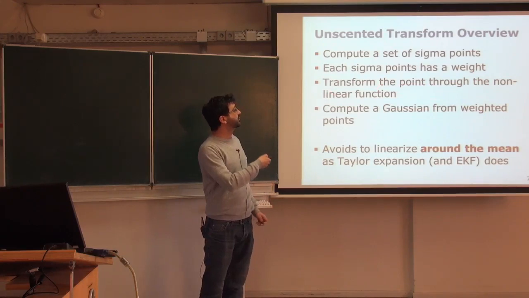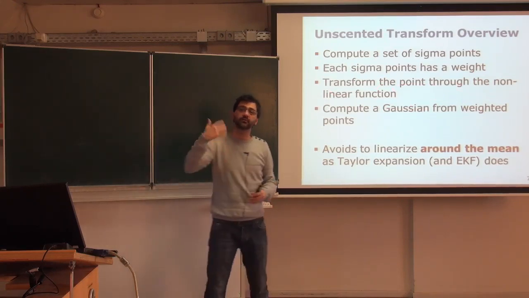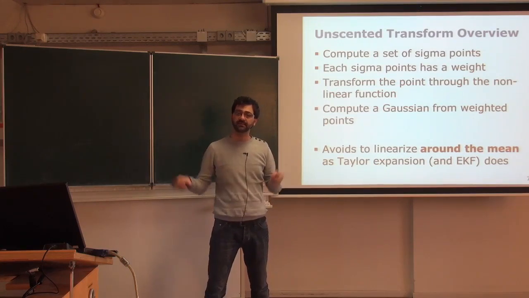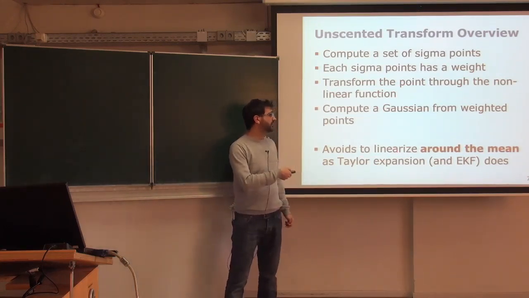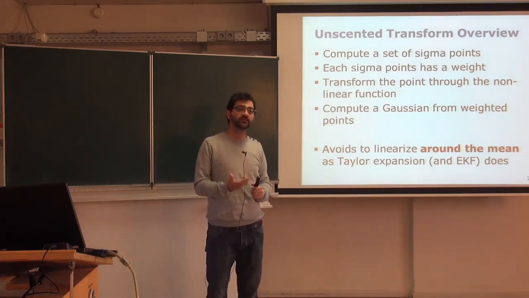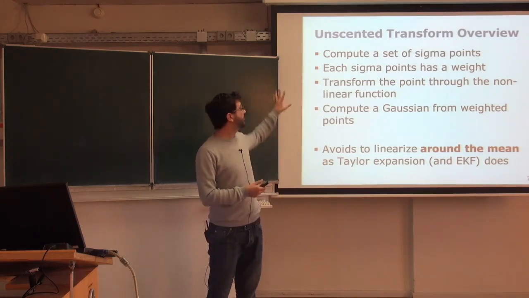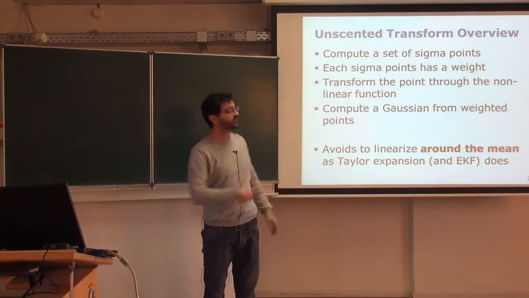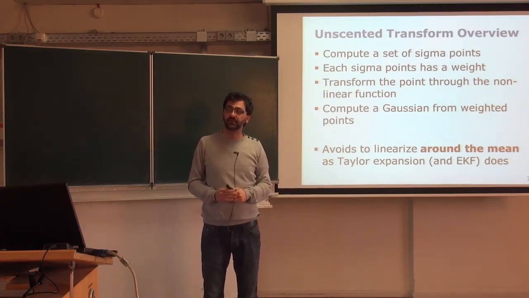You then transform the points through the nonlinear function, and you compute the new mean and the new covariance as a weighted sum of the sigma points. So you don't need to do any linearization around the mean, and you also do not need to know any gradient of your function. You might use any function, and you can just apply these steps to it, and you get a propagation of the uncertainty and the mean.